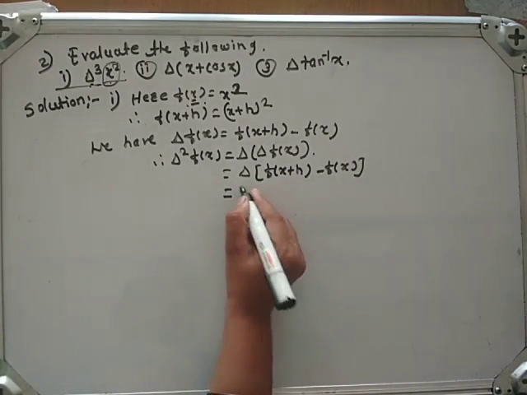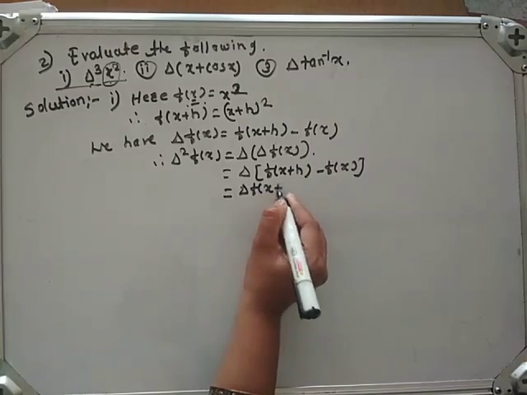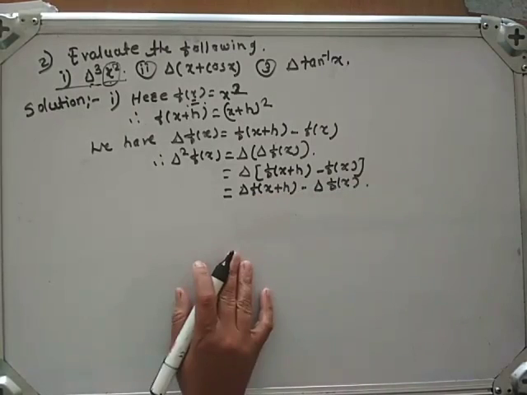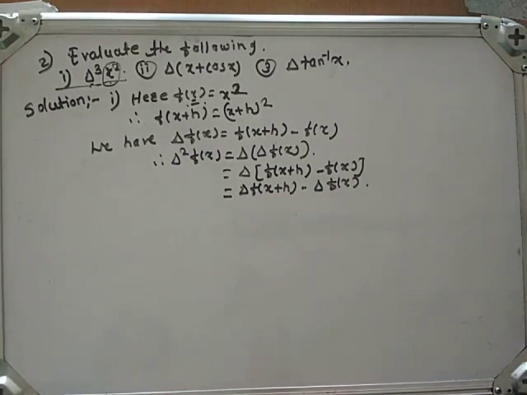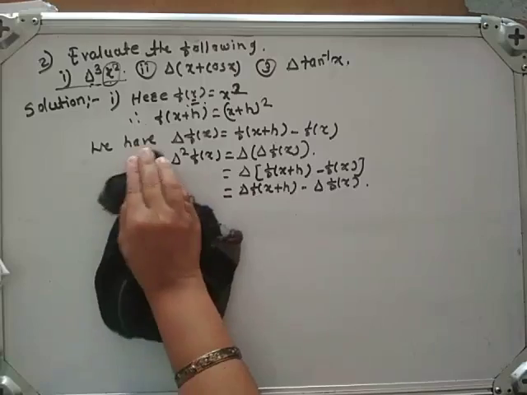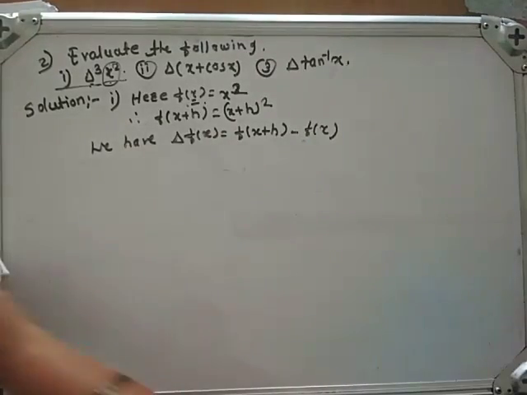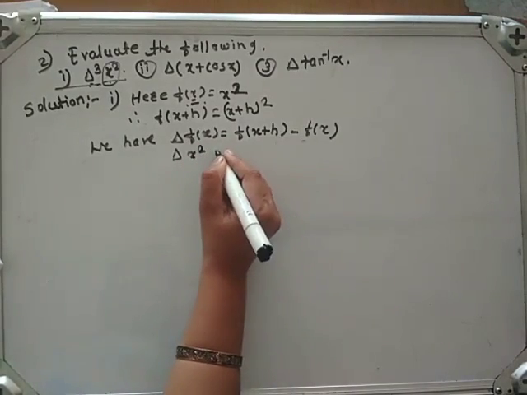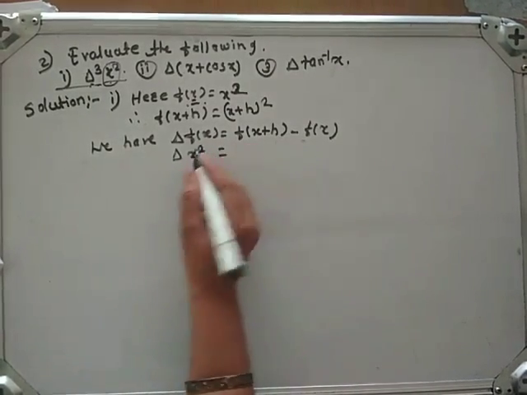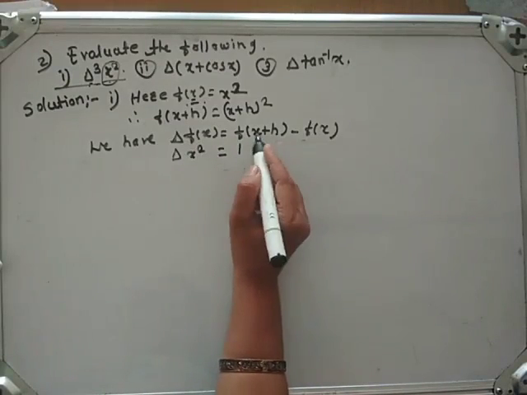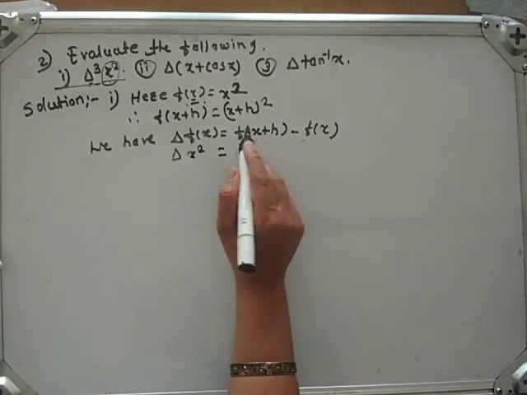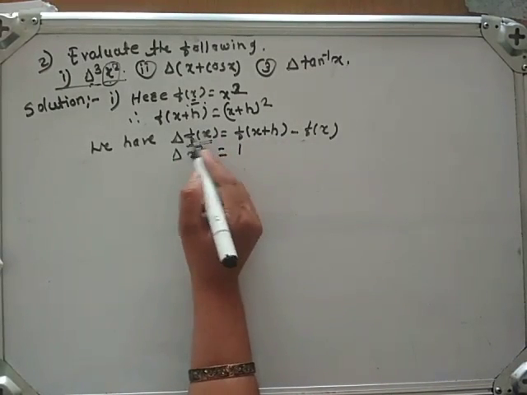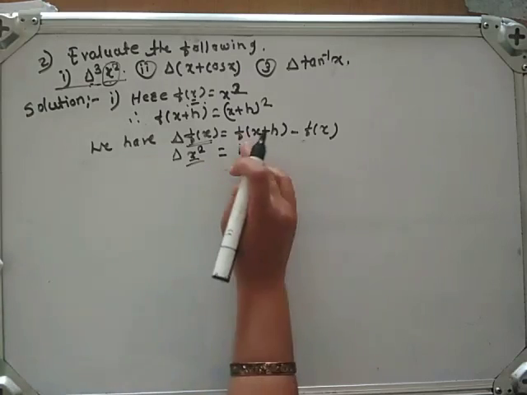We get delta of f of x plus h minus delta of f of x, okay. Here, we have to first calculate delta x square, which is equal to delta f of x is f of x plus h minus f of x, and here we replace f of x by x square.